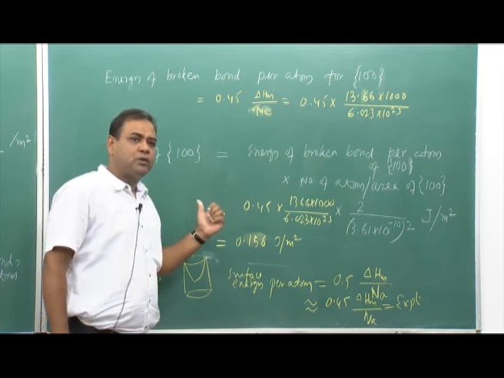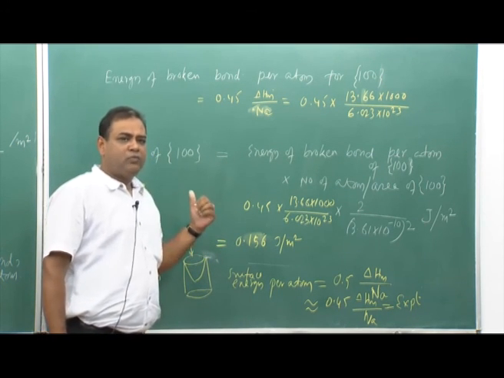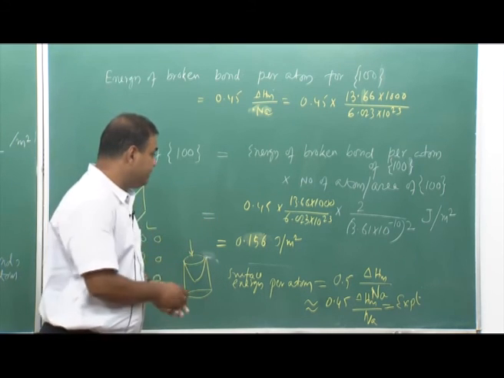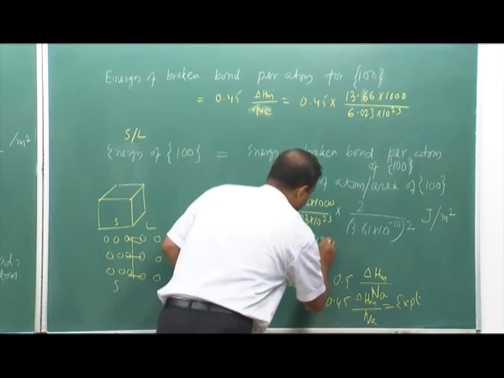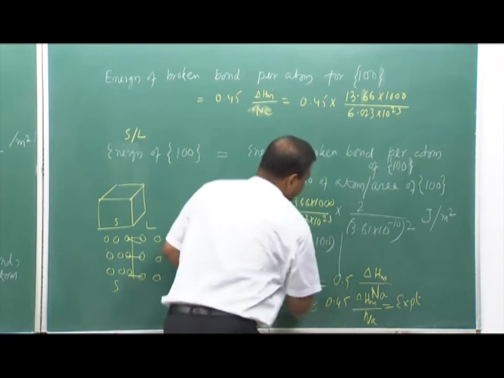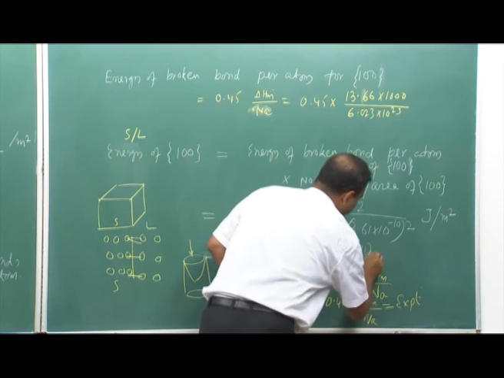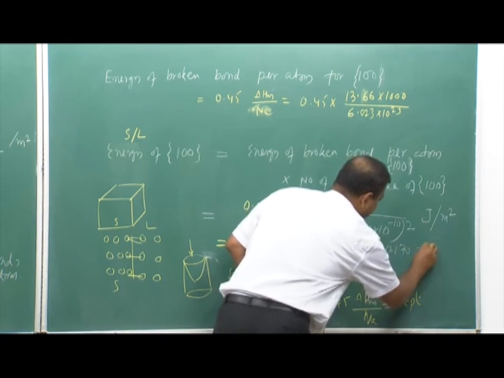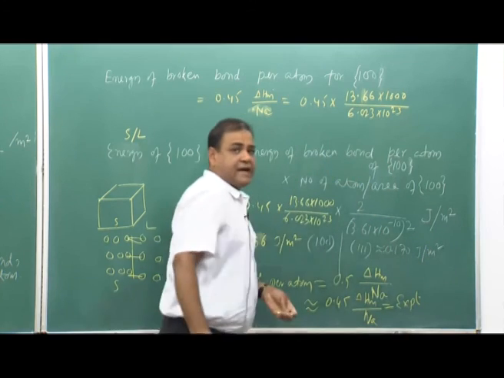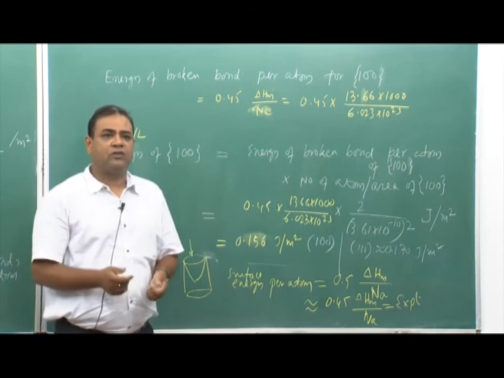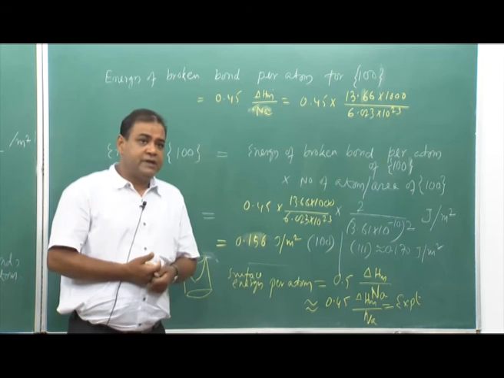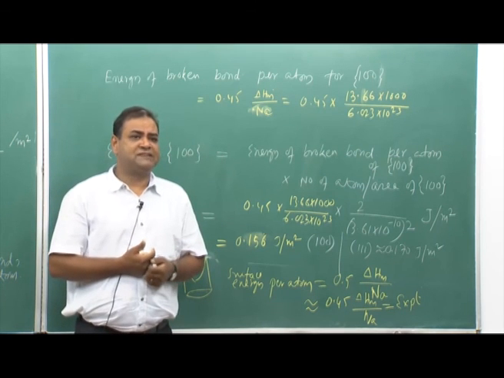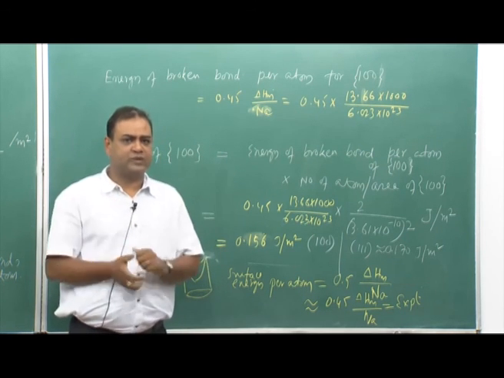If we calculate for the 111 plane, this value would become around 0.170 joule per meter square, and the experimentally found value for solid-liquid for copper is around 0.177. So, it is coming close to that.